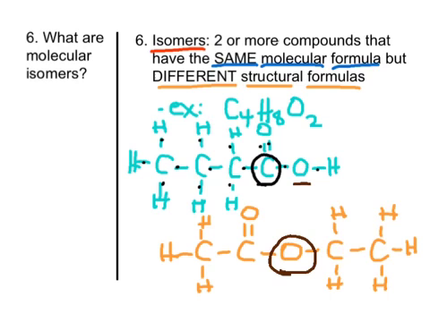And so it makes it a different molecule, although it has the same number of carbons, hydrogens, and oxygens. It's a different structure, so it's going to have different properties. So these two are what we call isomers of each other.